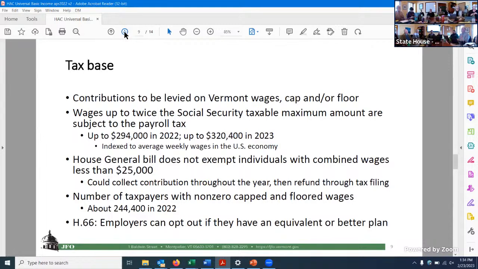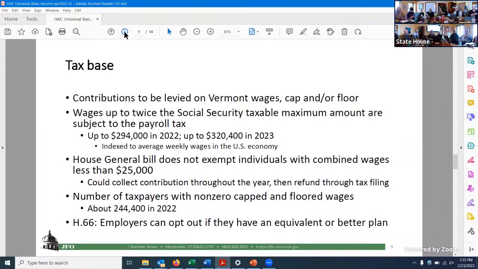What that does is pull that portion of the contribution out of the wage base. So you'd be shrinking your wage base a little bit, but reimbursing these particularly low income people for their contribution. That's not included in the bill as it came to you, but that is sort of how it started its life in House General.